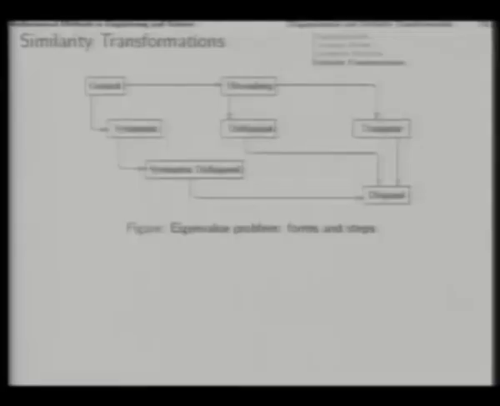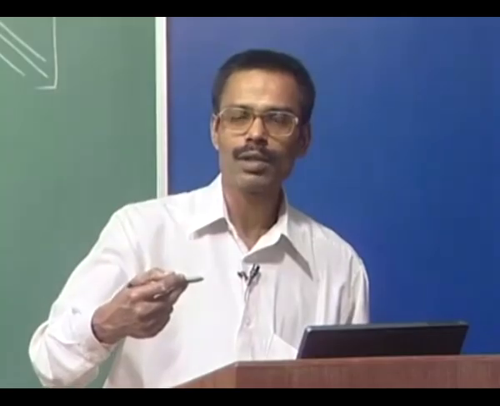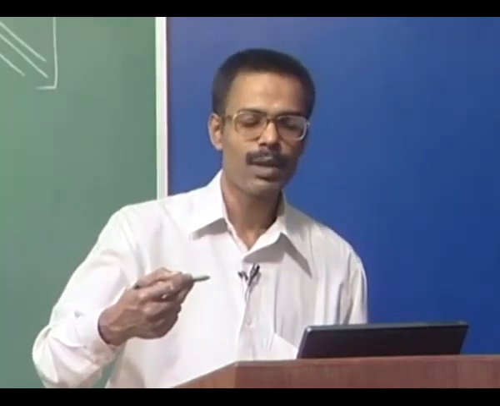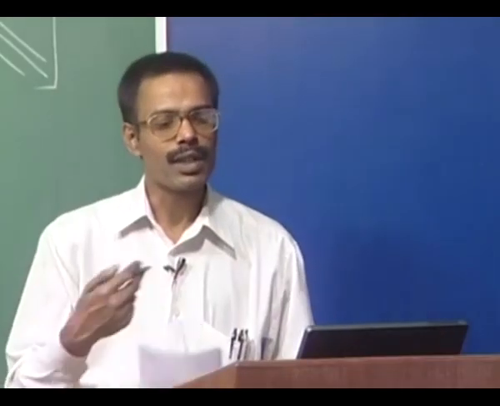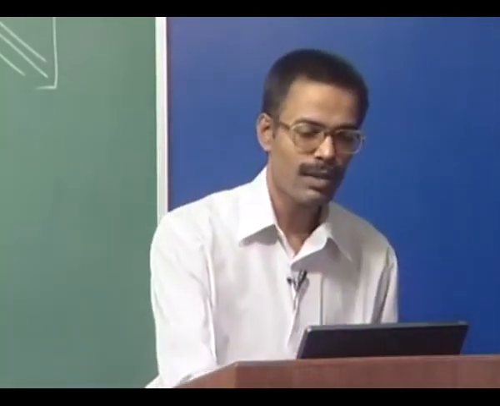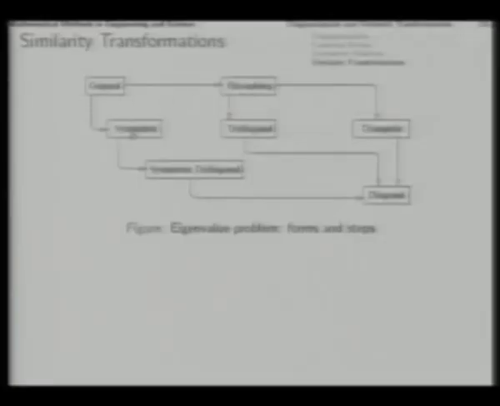So, that means if we have a matrix in one of these forms on this side, then any algorithm, any path which helps us to move from this end to the right side or below, southeast side, that is one contribution to the solution of the algebraic eigenvalue problem. That is, from the general matrix we might try to reduce it to either the Hessenberg form or the symmetric form.